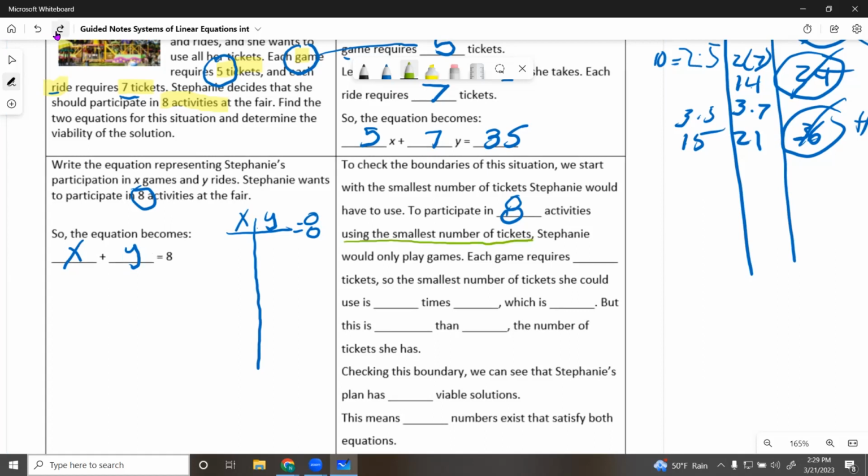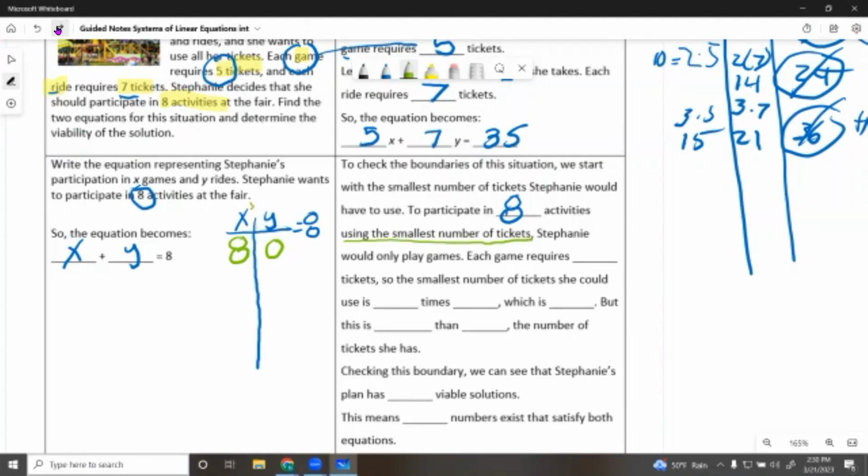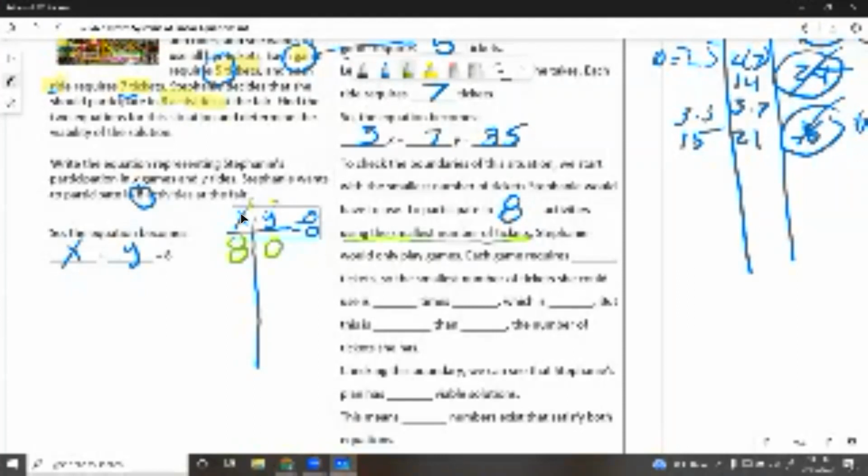It also says here using the smallest number of tickets. So we're trying to do the math with the smallest number of tickets first. Because if we had 8 activities using games, because games use 5 tickets and rides cost 7 tickets, the fewest amount of tickets with the 8 activities would be all 8 games and 0 rides.